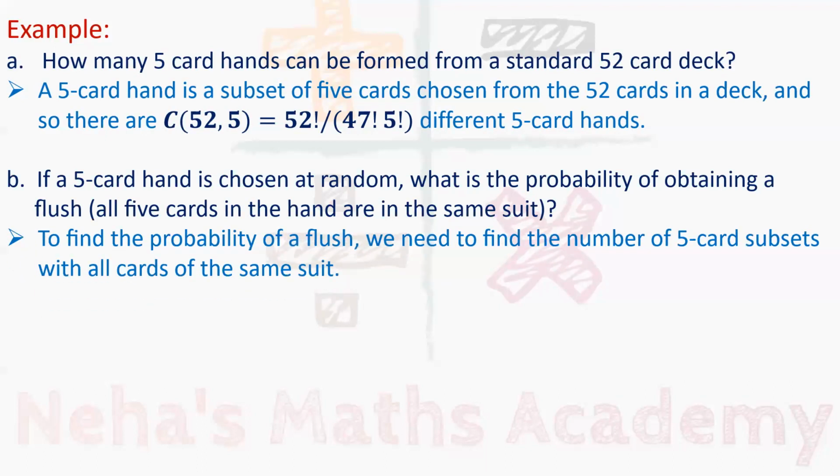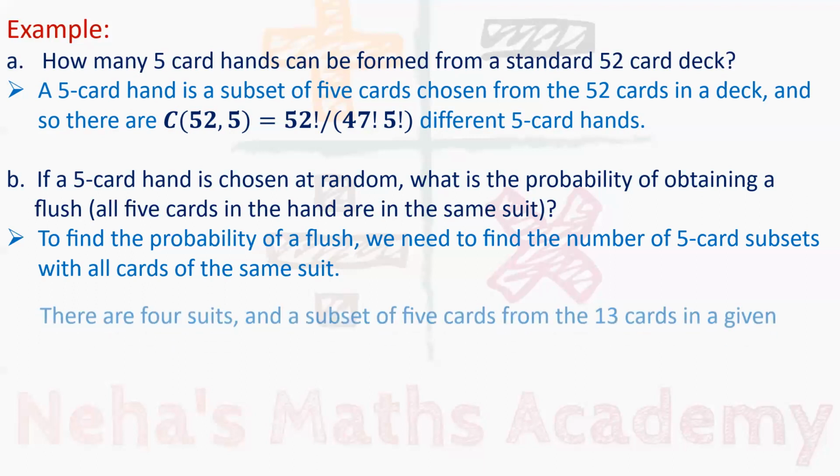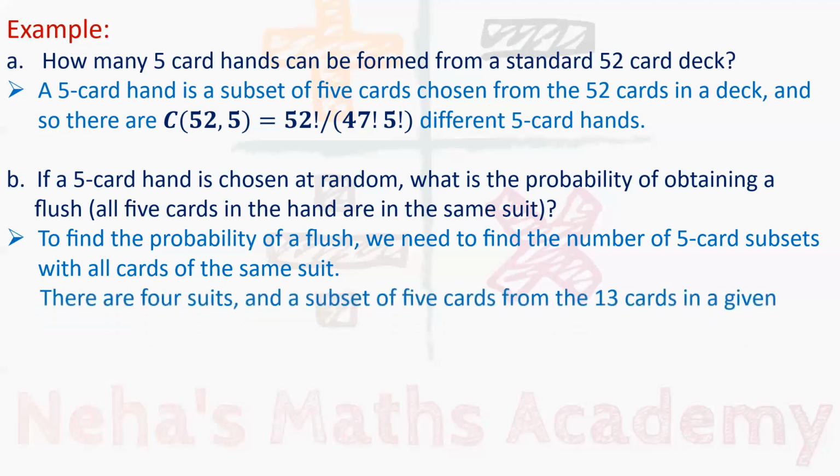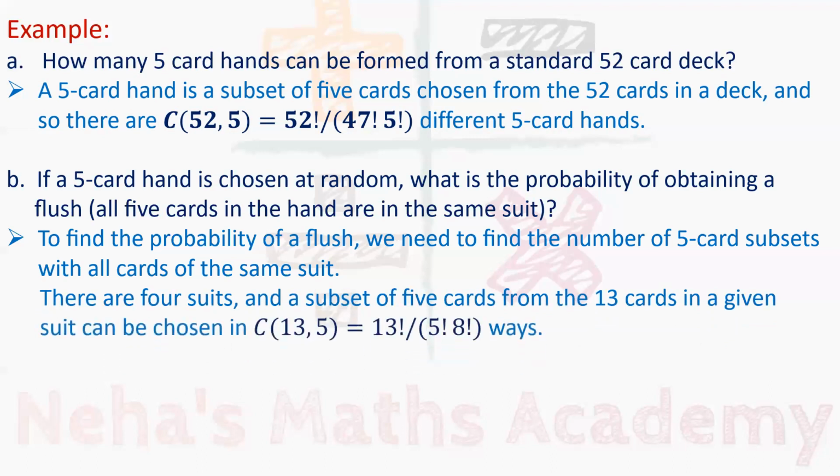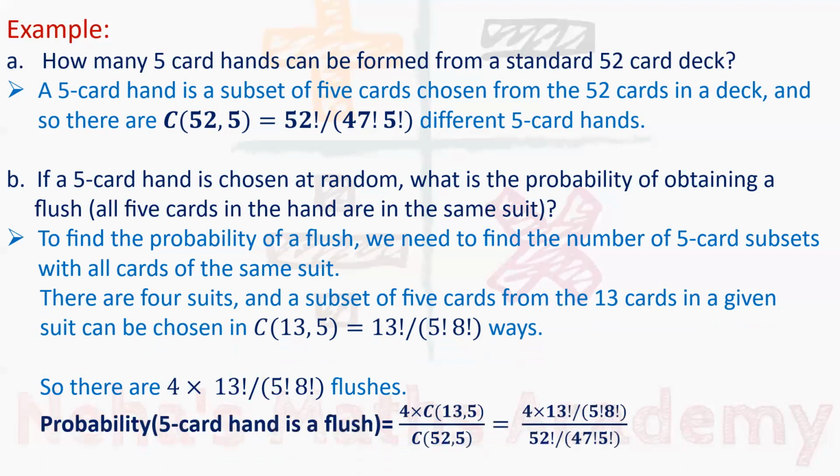So for the numerator, we need to find the number of 5 card subsets with all cards of the same suit. There are 4 suits, and a subset of 5 cards from the 13 cards in a given suit can be chosen in C(13,5) ways, that is 13 factorial upon 5 factorial into 8 factorial. And as there are 4 suits, we have to multiply by 4. So 4 into 13 factorial upon 5 factorial into 8 factorial.